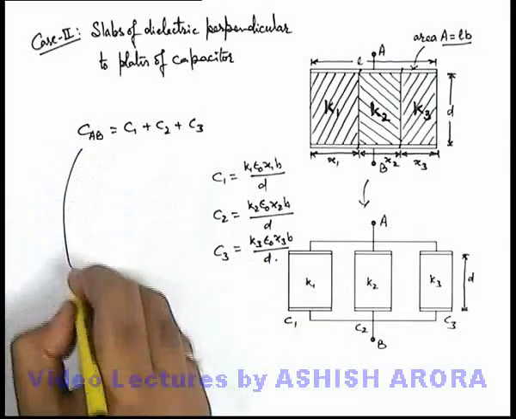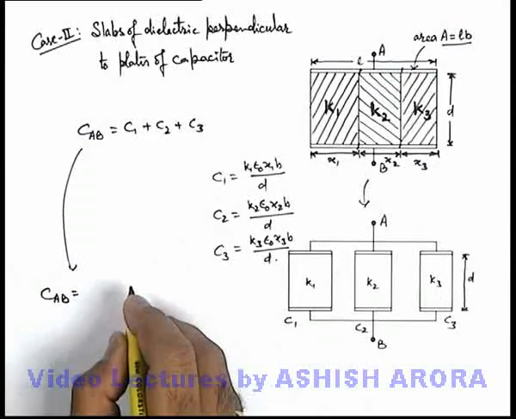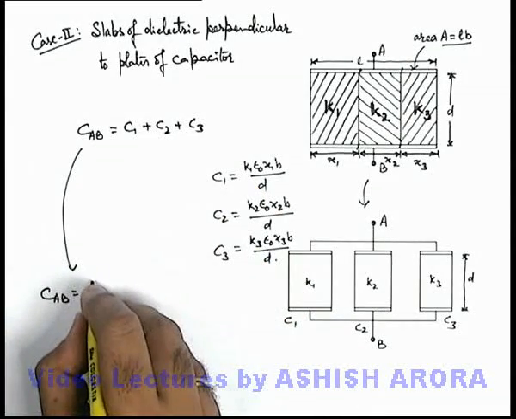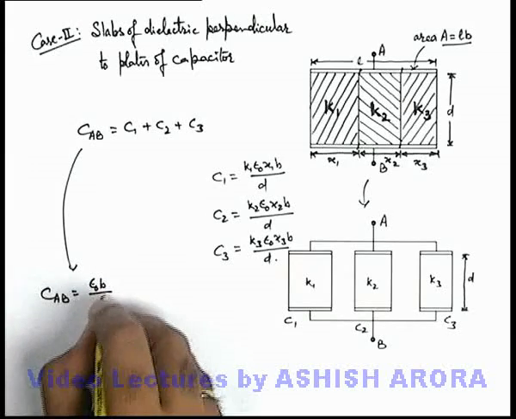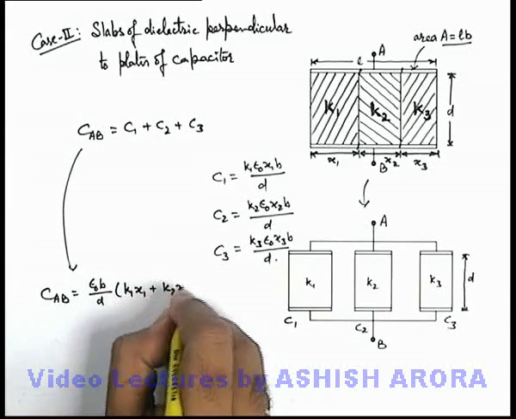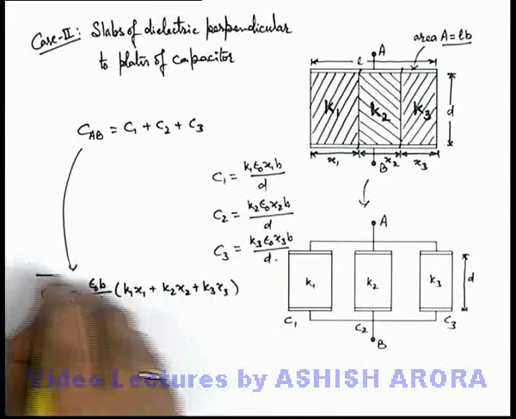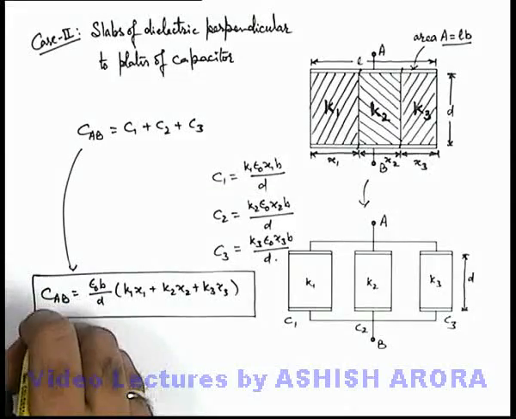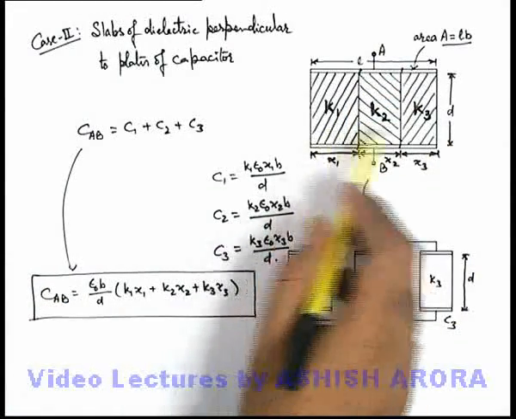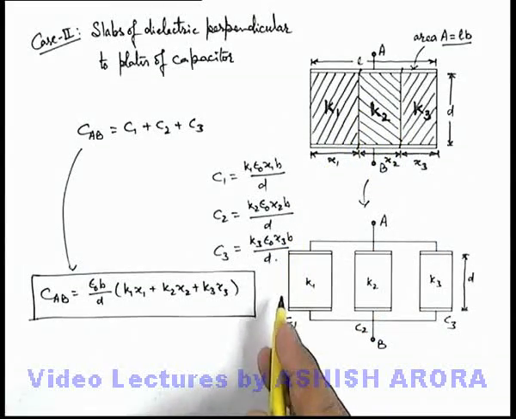Now from here if we calculate the value of CAB, after adding all these three, we get epsilon naught B by D multiplied by K1 X1 plus K2 X2 plus K3 X3. This is the relation we use for the capacitance we were looking for in presence of three dielectric slabs completely filling the space between the two plates of a capacitor.